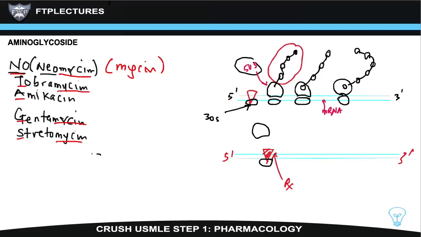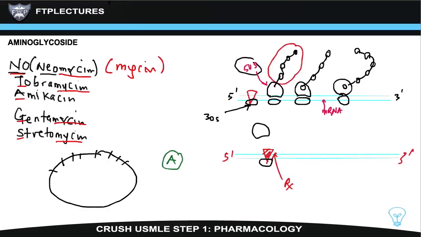Let me tell you. Here we've got a cell with a nice little membrane, and we have to get the drug inside. Let's say this is an aminoglycoside, and it wants to get inside the cell. In order for these drugs to get into this bacterial cell, they need oxygen.